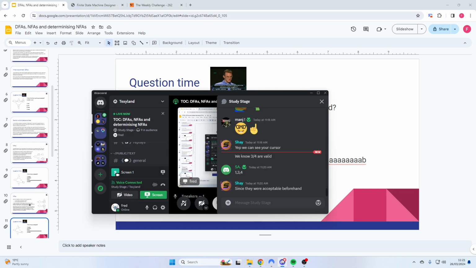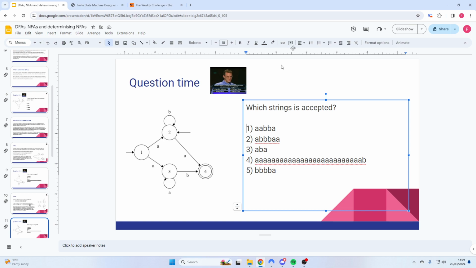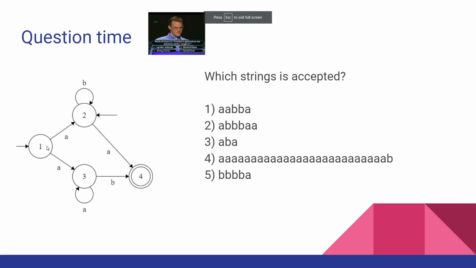Okay, let's check. So they say AA is now accepted. So we could go A, is rejected. Starting from 1, we could go A in itself, B, but then it's also rejected. So 1 isn't valid here.